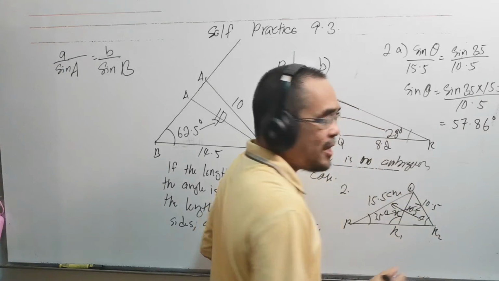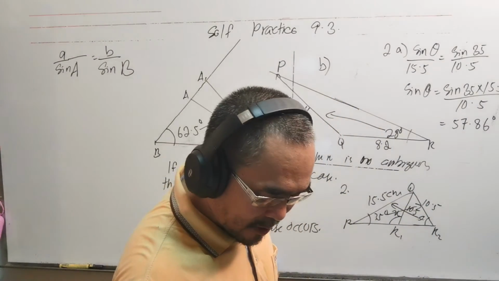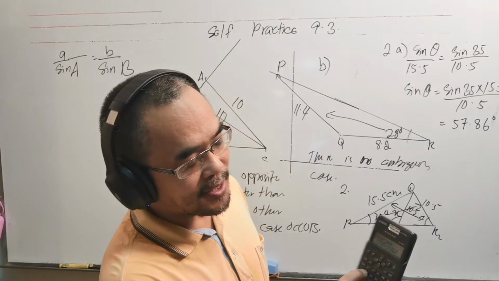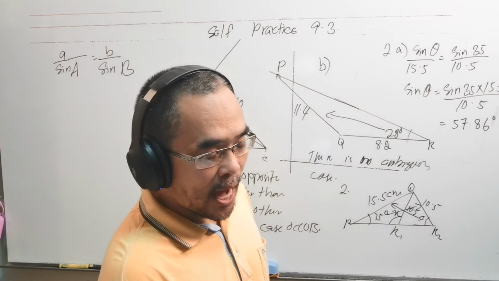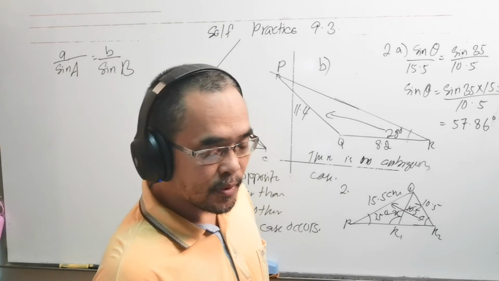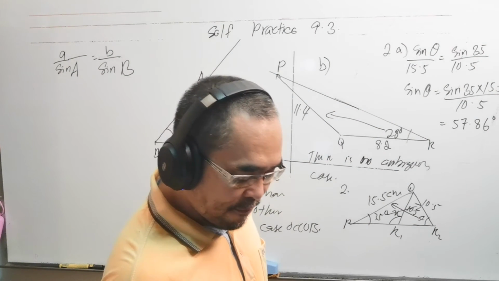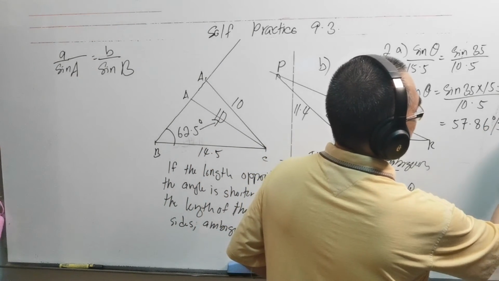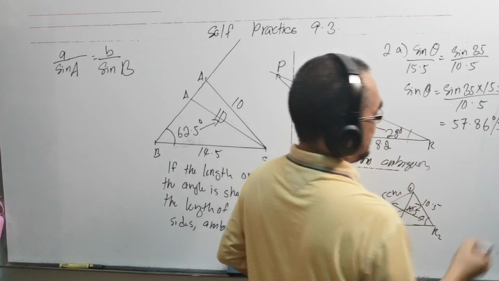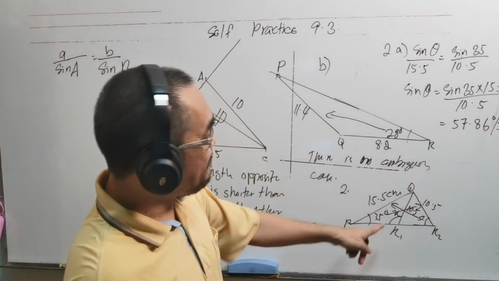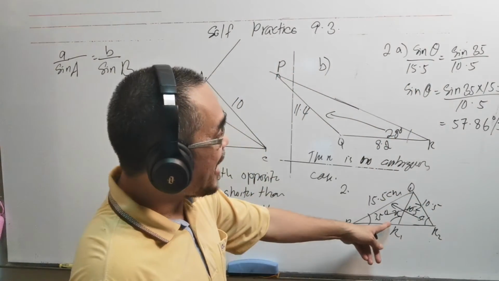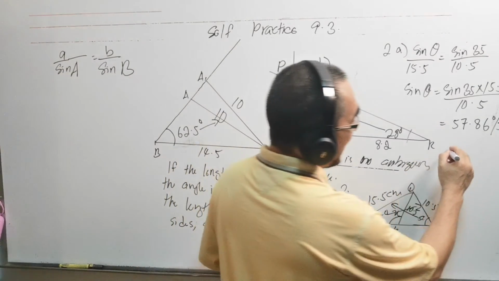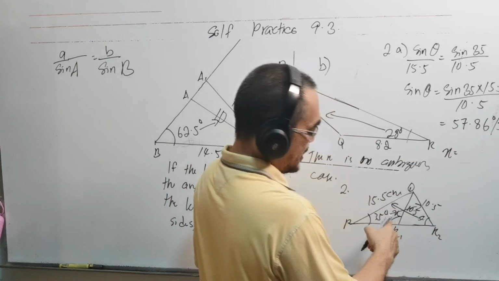If they ask you to give in degrees and minutes, you could just press the degree button underneath of the square root. Okay, it would be 57 degrees 51 minutes.